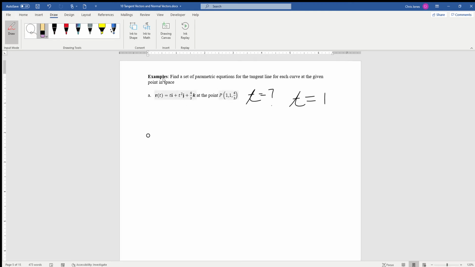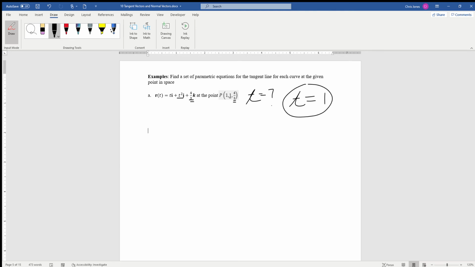And if it doesn't work, then obviously the problem's not going to be a valid problem, because that means the point's not necessarily on the curve. All right? So if we substitute 1 back in for t squared, that gives us 1 squared, which is 1. And it doesn't matter what we plug in for 4/3, it's always going to be 4/3. All right, so that's what I would do.